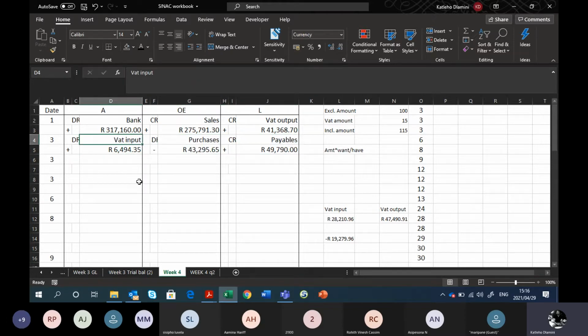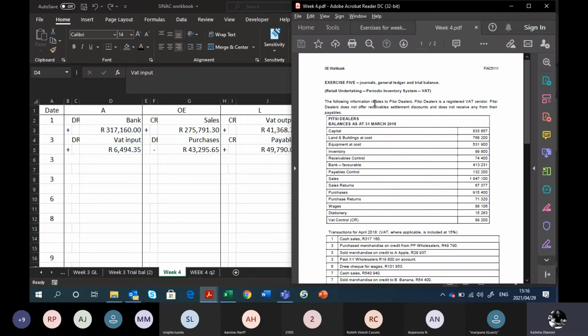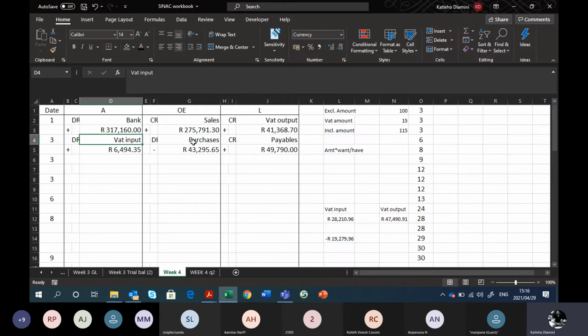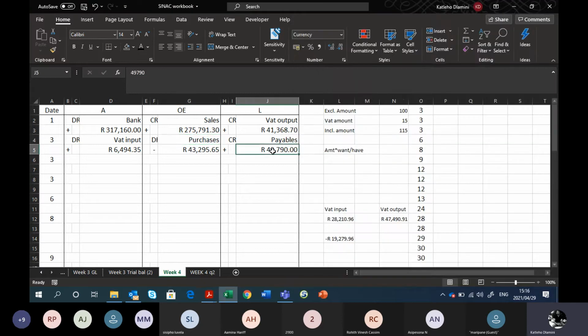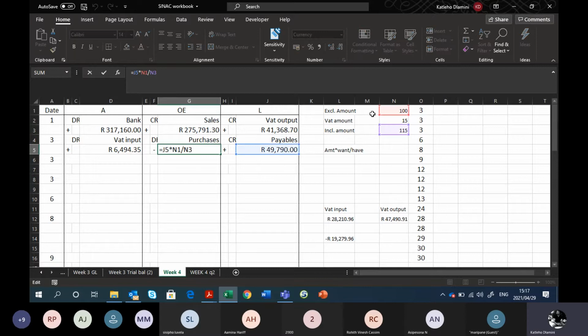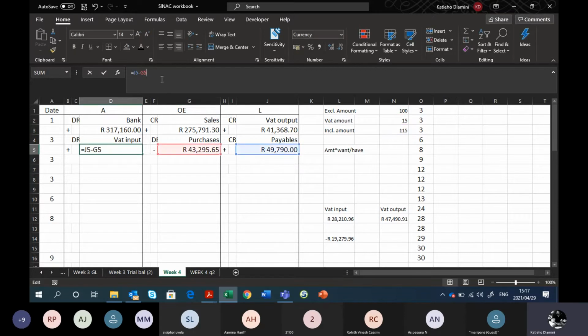Are we using a periodic inventory system here? Yes, you're using a periodic inventory system, so instead of inventories, we debit purchases. So 49,790 over there, and then we calculate our exclusive amount, which is the 100 divided by the 115, and then our VAT amount, which is the difference between the two.